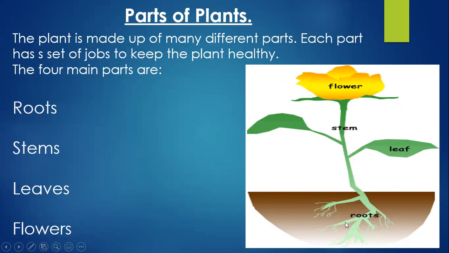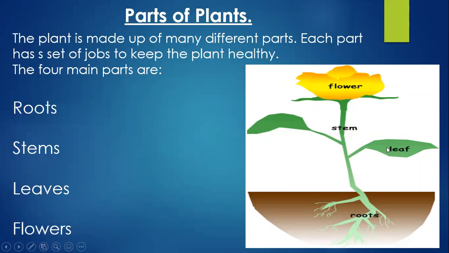These are the roots. Now we have stems. Stems are the stalk, and what they do is transfer the water and the nutrients from roots to the leaves, because leaves need these nutrients and water for making the food. Now the third part is the leaf.